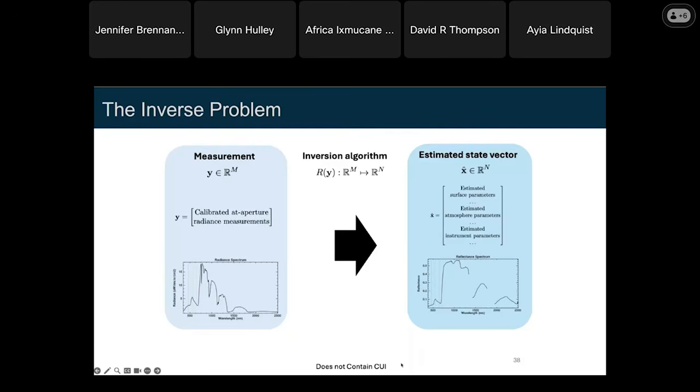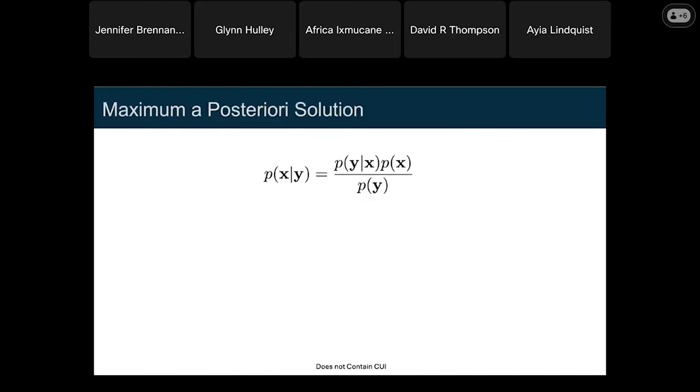a unique solution. So if we're Bayesians, then we might try maximum a posteriori solutions. So this is Bayes' rule of probability. We want to maximize the probability of the state given our measurement, which decomposes this way, just by laws of probability, to the probability of our measurement given our state times the prior probability of the state. We ignore the denominator here because the probability of the measurement doesn't matter. The measurement's already been made, and it's constant for all states that we might want to consider.